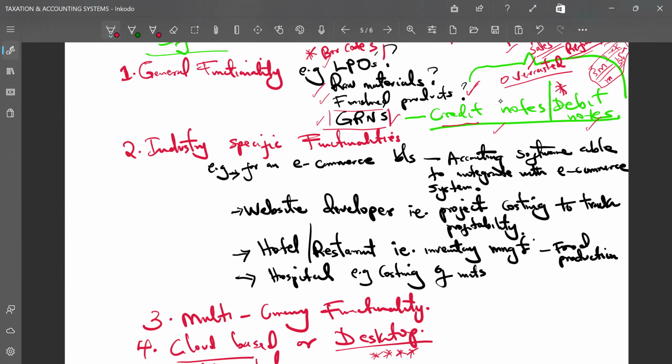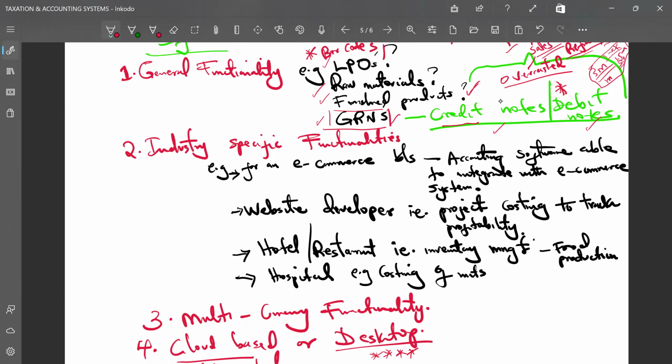What is the algorithm? And how does the barcoding of your system play a role in your inventory management? Is it effective? Is it efficient? What system specifications will it need? Is it within your reach as a business person? You have to look at all those general functionalities that you may need.